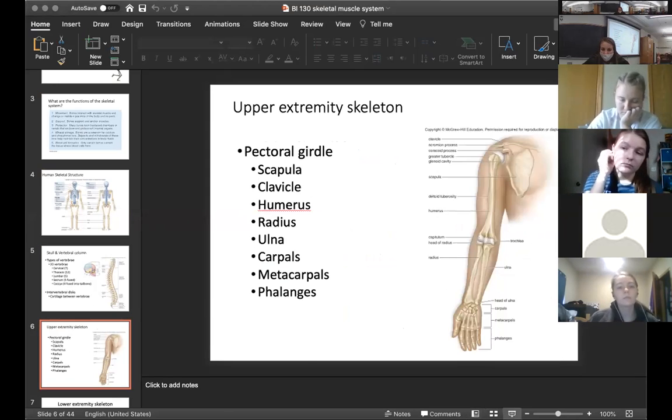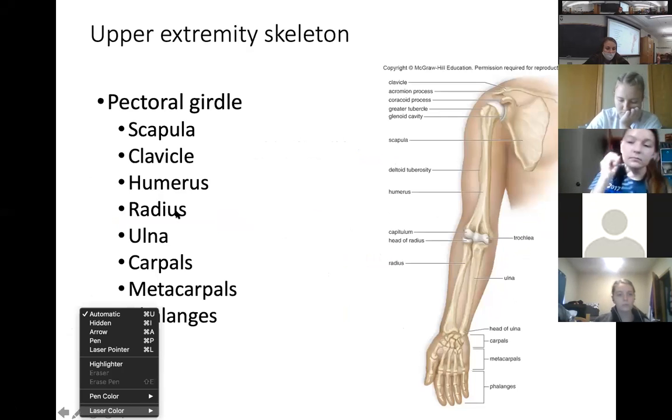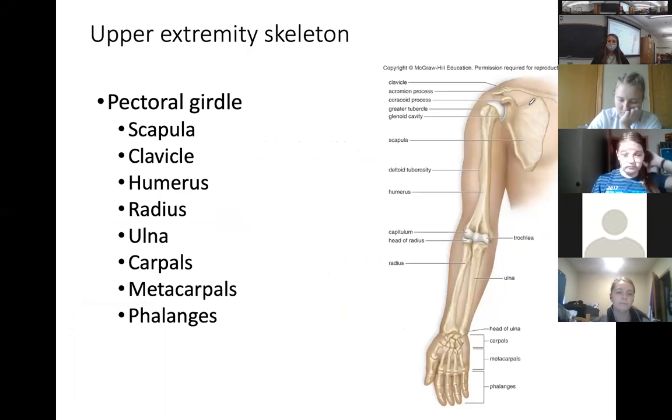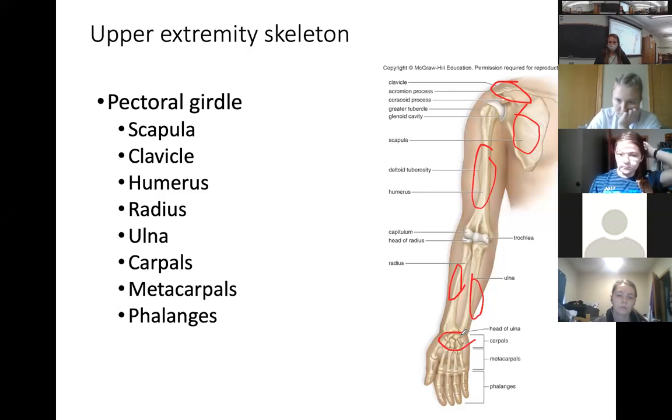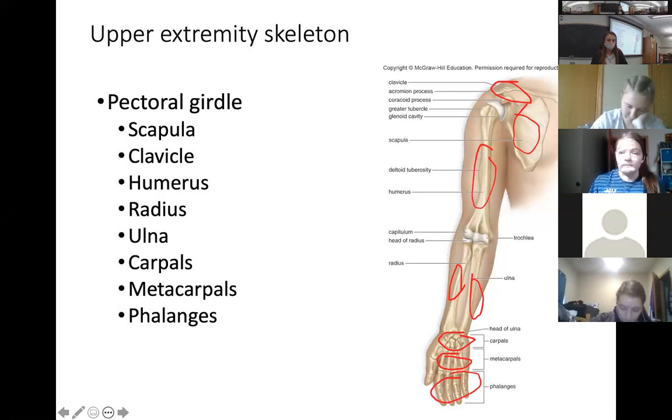And here is where we are now. So we have the scapula, clavicle, humerus, radius, ulna, carpals, metacarpals, and phalanges. So sorry that I thought I clicked it.